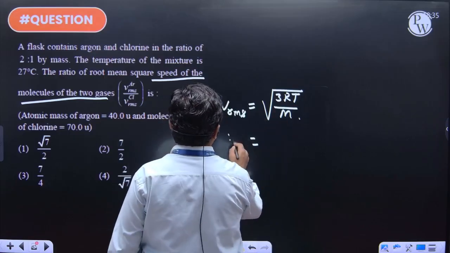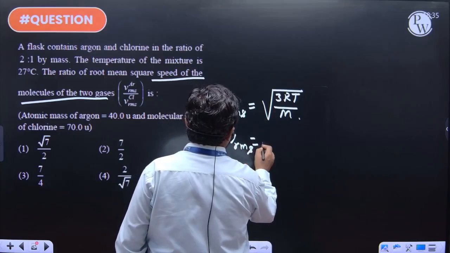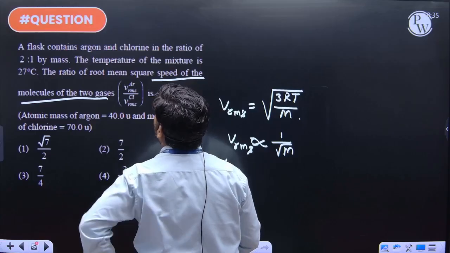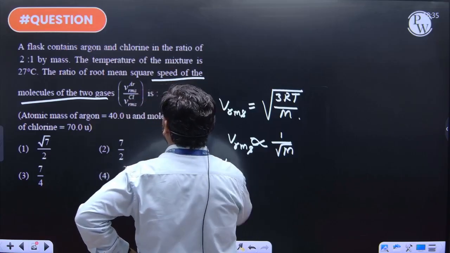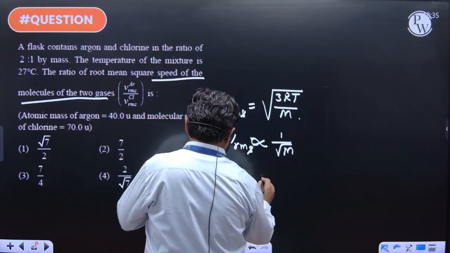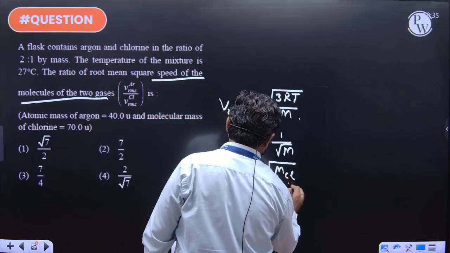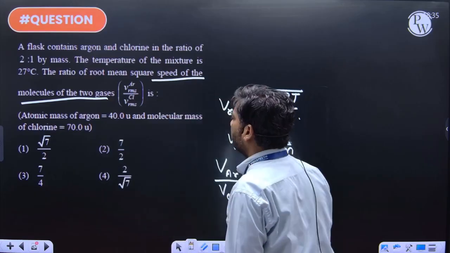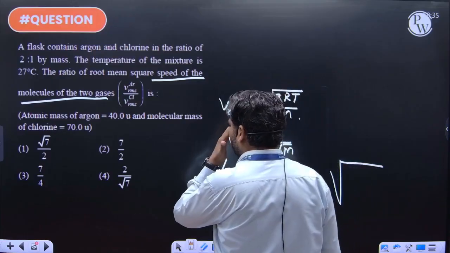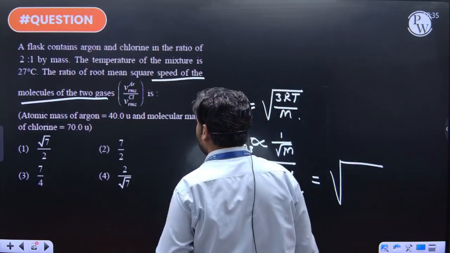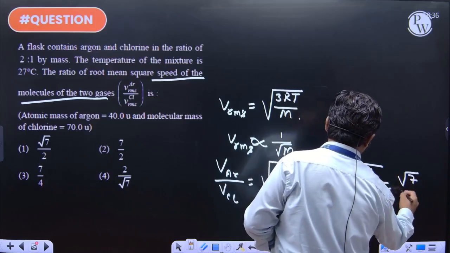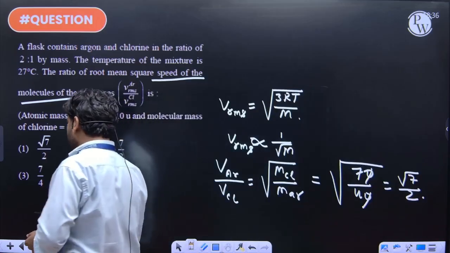So VRMS is inversely proportional to 1 by root M. So V argon divided by V chlorine is root over mass of chlorine divided by mass of argon. Same molar mass, you can divide it, 70 divided by 40, 0 cancel, so it is root over 7 by 2. So correct answer is root over 7 by 2, option number 1.